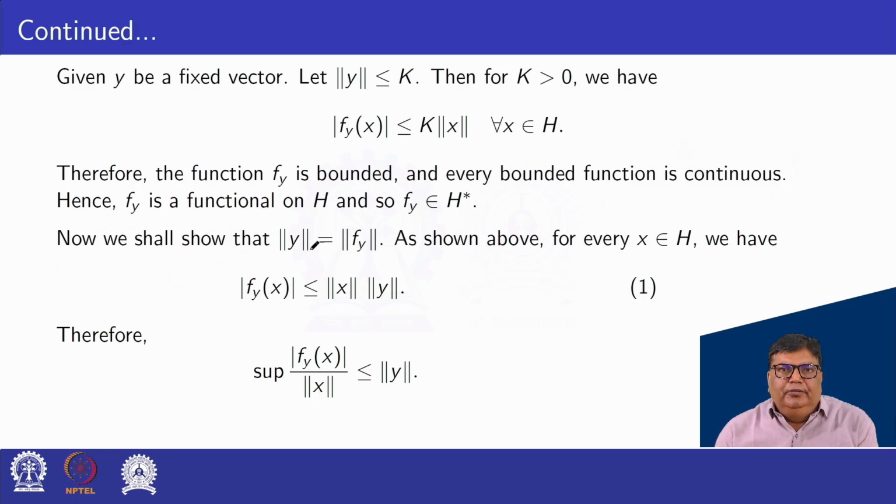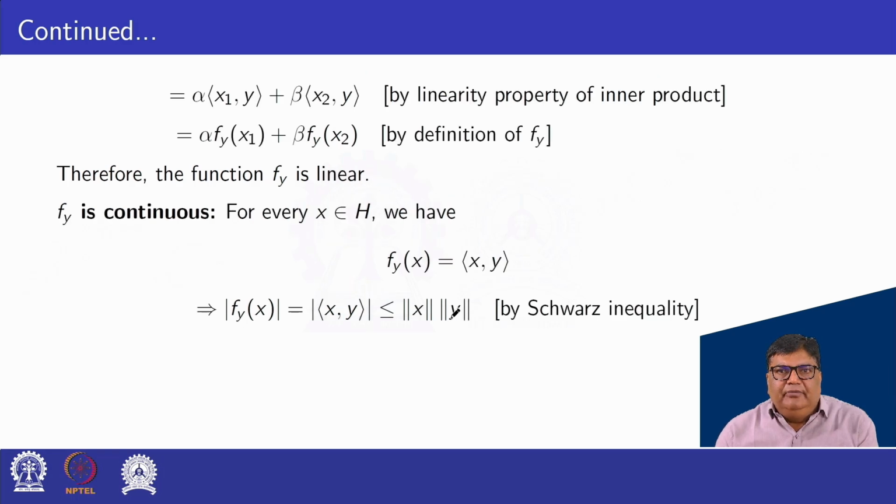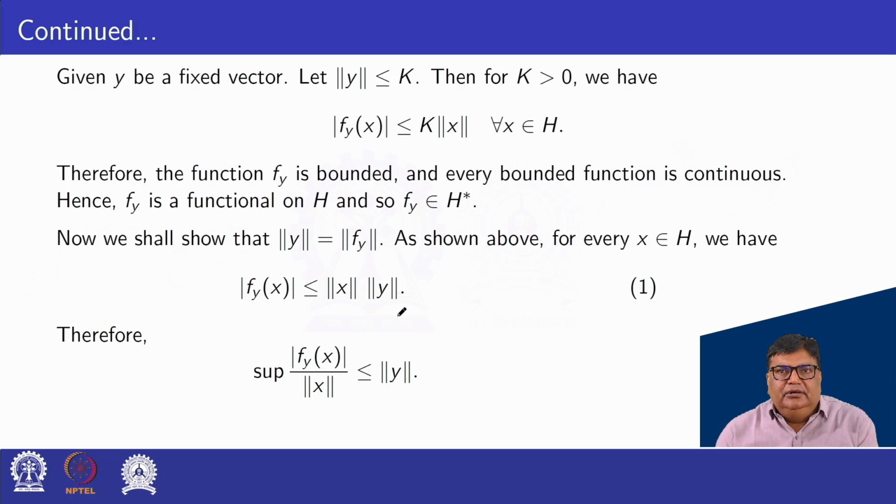Now, we will prove norm y is equal to norm Fy. As above, mod Fy(x) is less than or equal to norm x norm y. Suppose this is equation 1. Dividing equation 1 by the norm of x, the supremum of mod Fy(x) upon norm of x is less than or equal to norm of y.